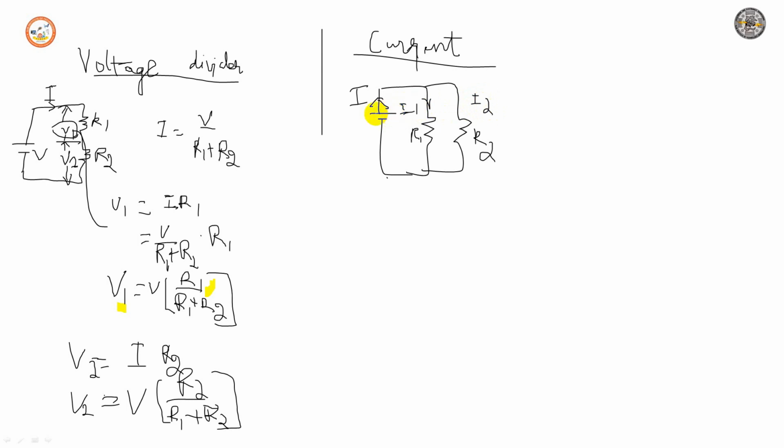So according to this rule, how do you find the current I1 and I2 directly, without analyzing and finding? We can generalize the formula here. We have V is equal to I into R. So the voltage across R1 is V1 equal to I1 into R1, and V2 is equal to I2 into R2.